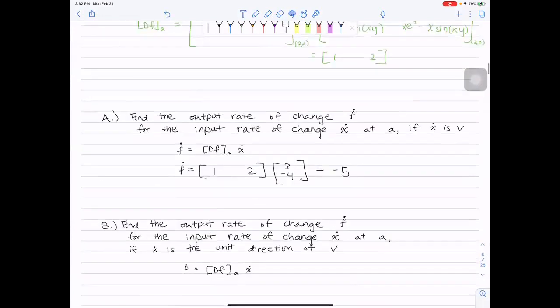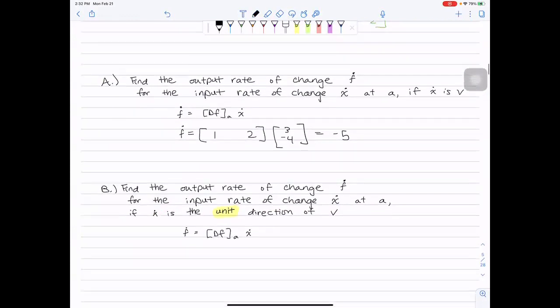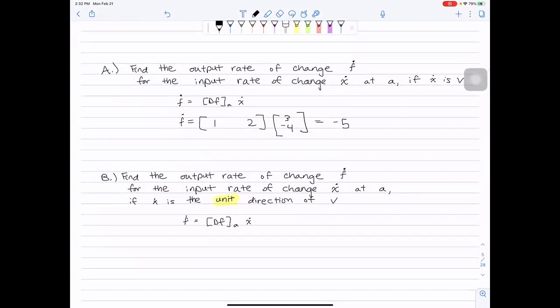Now, what if they say find the output rate of change for the input rate of change x dot at A if x dot is the unit direction? Same question as part A, but now it says unit direction. What does unit mean? It means that we need our vector to have length 1. What do we normally do to normalize something? We divide by the length.